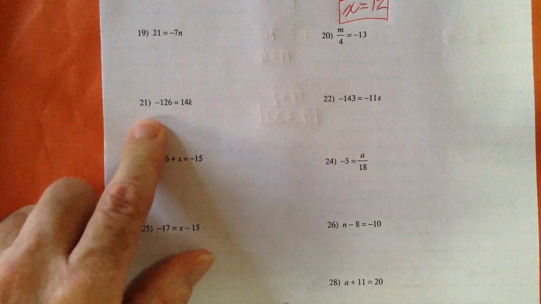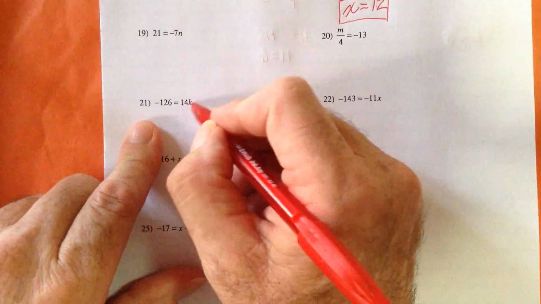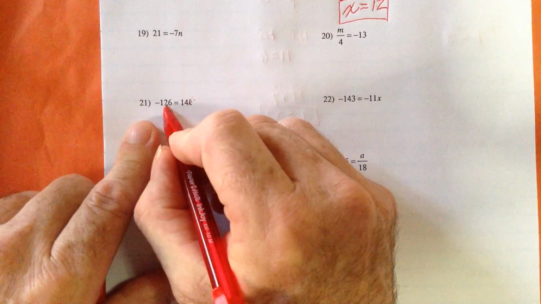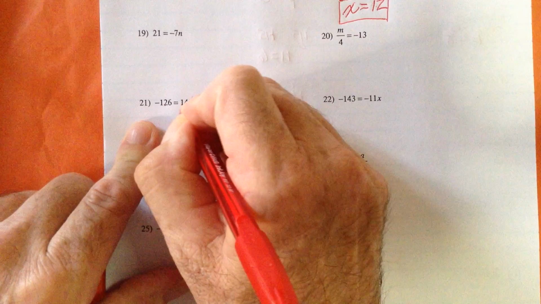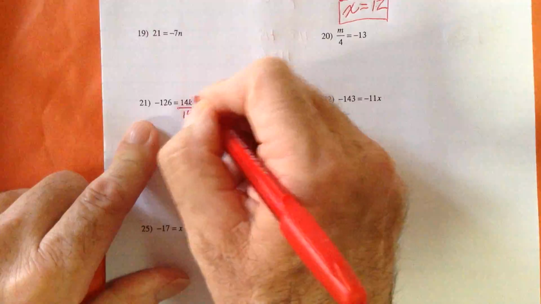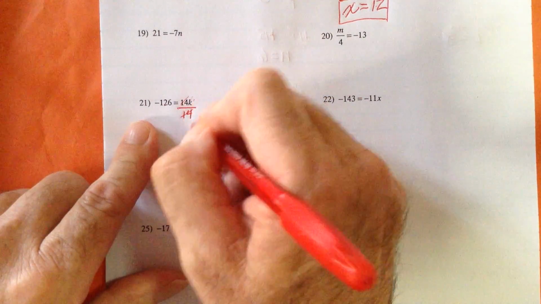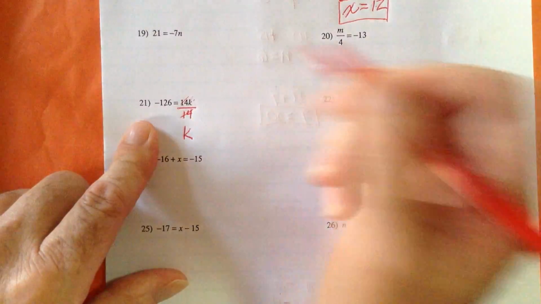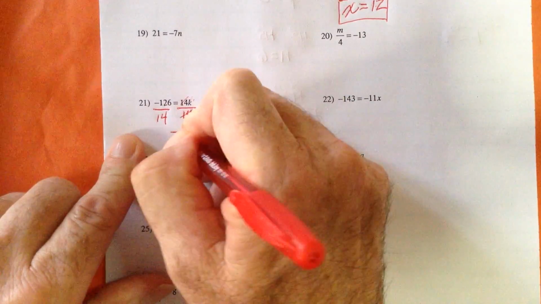Number 23, just one more. I got 14 times some number is going to equal a negative 126. So the opposite of multiplying is dividing. So if I divide this side by 14, that'll be 14 divided by 14 is 1k, or just k. So that goes away. So I have to divide this side by 14.